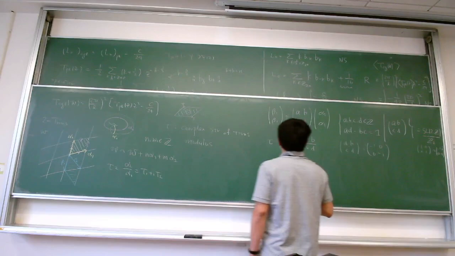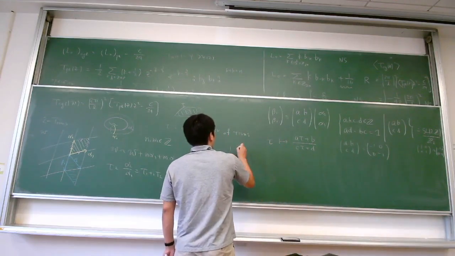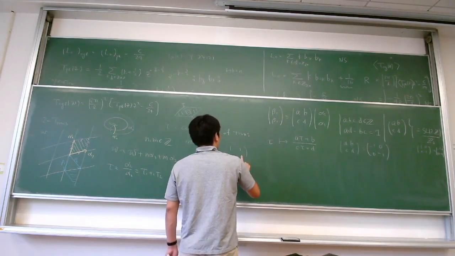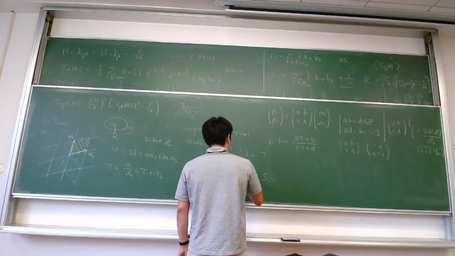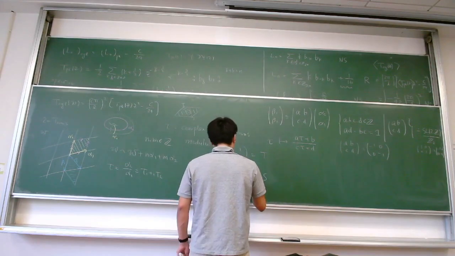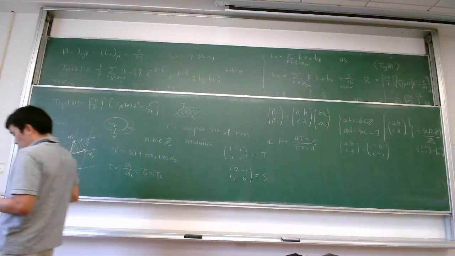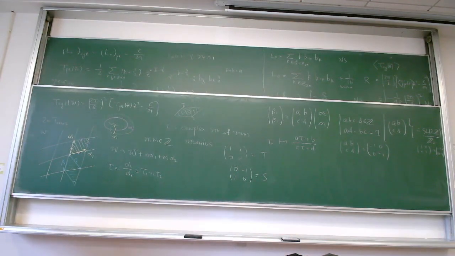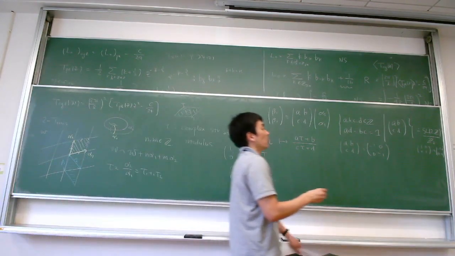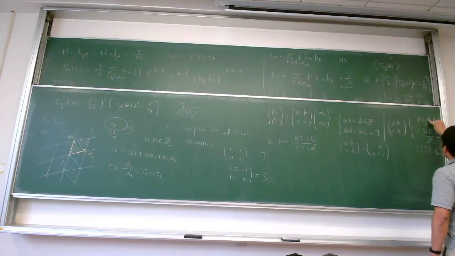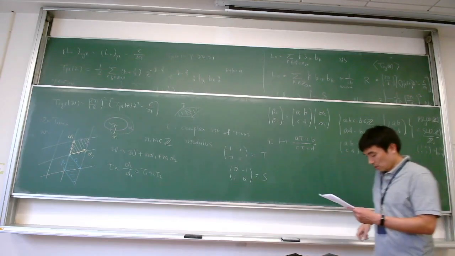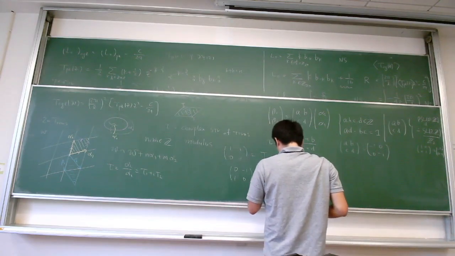And then this matrix is indeed called the T transformation, and this is the S transformation. In fact, this SL2Z is indeed called PSL2Z, the projective SL2Z.